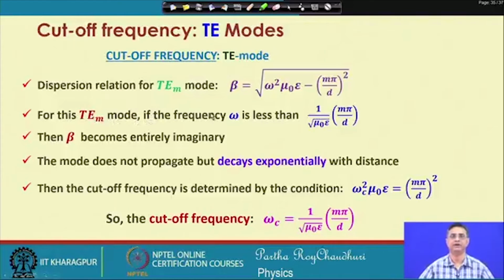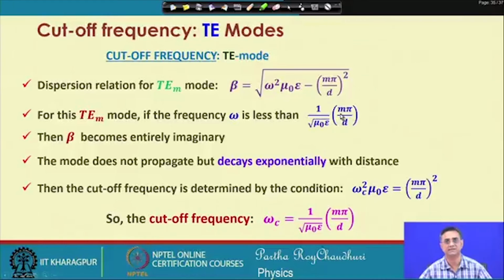If the frequency omega is less than this value, then this quantity becomes purely imaginary, because this term is now larger than this one. If I put omega square equal to m pi by d squared over mu naught epsilon naught, then this quantity will be more and this quantity will be less.